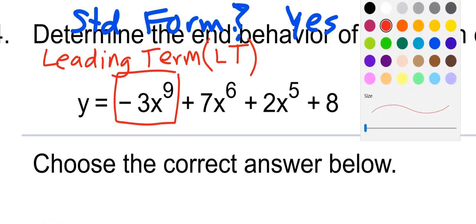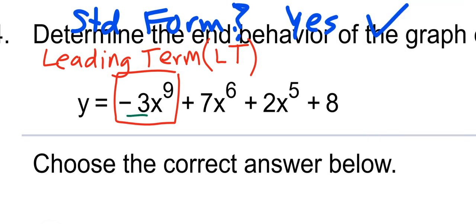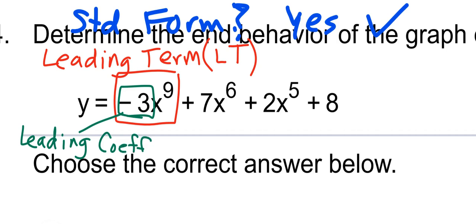What's the important information in that leading term that I need? Well, first thing I need is that number right there in the green. That's called the leading coefficient. What do you think I'm going to abbreviate that with? Oh man, you're so good. LC.